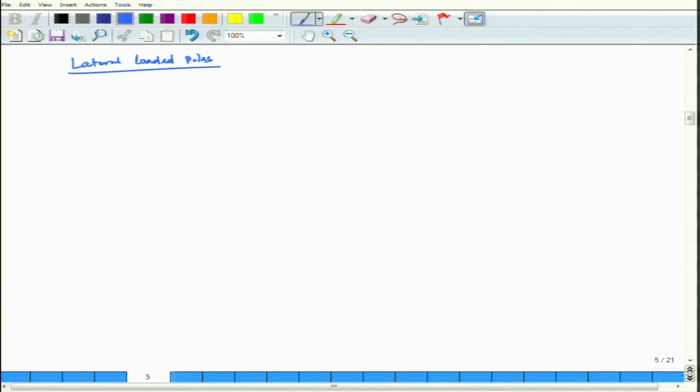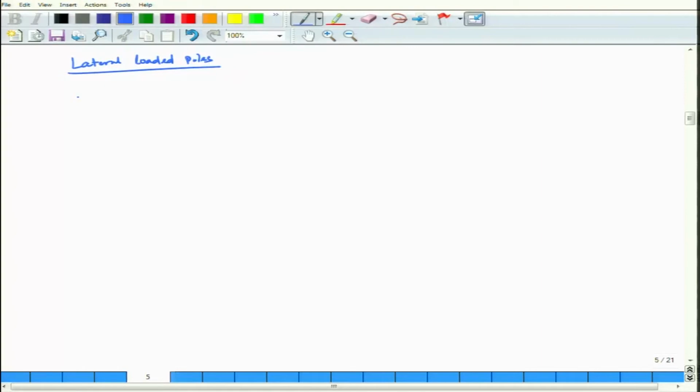Generally we say short pile as well as long pile. Short piles are called rigid piles, long piles are called flexible piles.